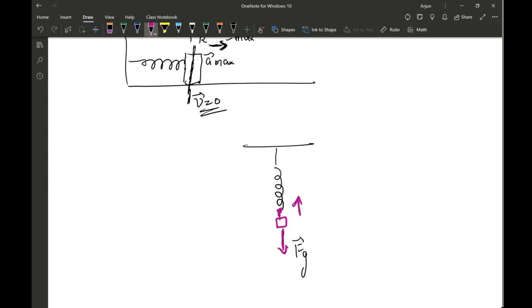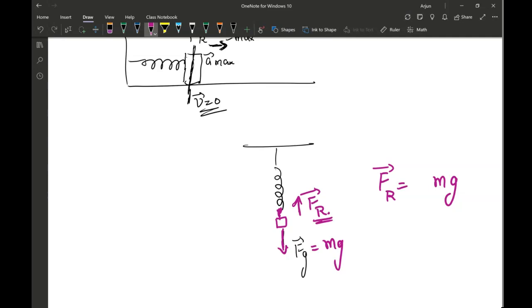Naturally there will be a gravitational force in the downward direction, equal to mg, and an equal amount of restoring force will be generated in the spring mass system. So I can write an equation for this: in the vertical system, the restoring force Fr is equal to mg. The restoring force in this case is acting in the upward direction.